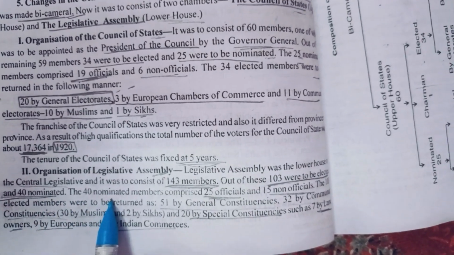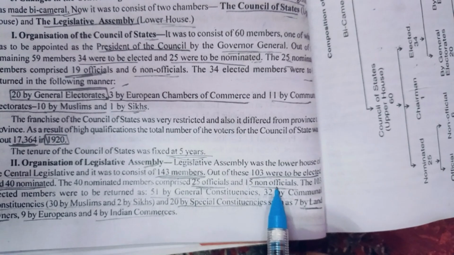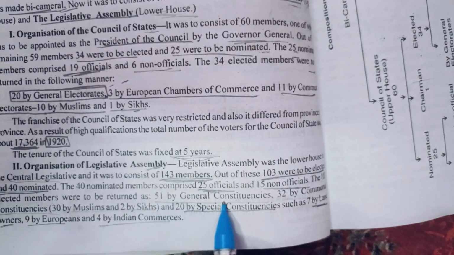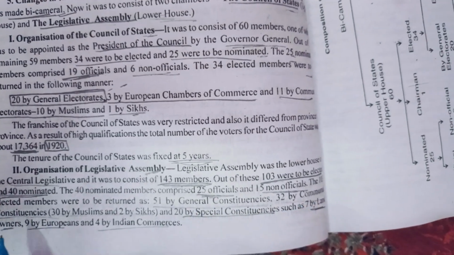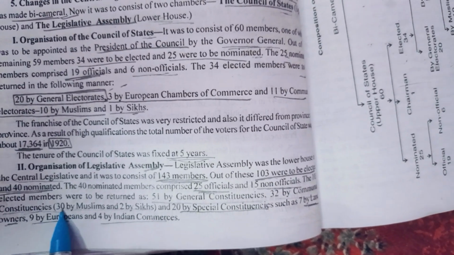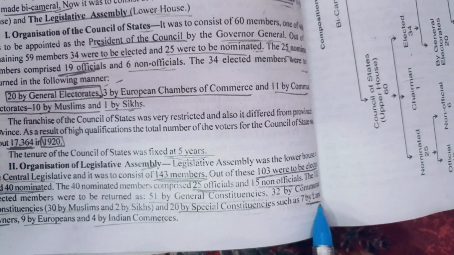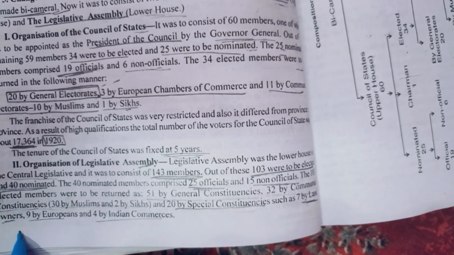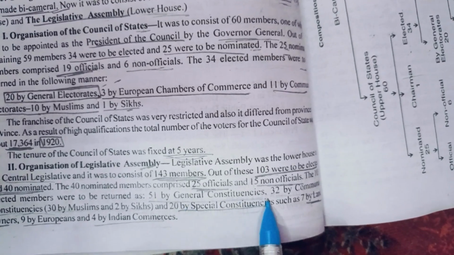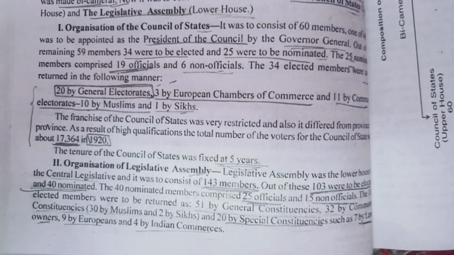Of the nominated members, 25 were officials and 15 were non-officials, and the 103 elected members were to be returned as 51 by general constituencies, 32 by communal constituencies, again based on community elections, that is 30 by Muslims and 2 by Sikhs, and 20 by special constituencies, such as 7 by landowners, 9 by Europeans, and 4 by Indian commerce. A special constituency means a specific representation of a particular group.